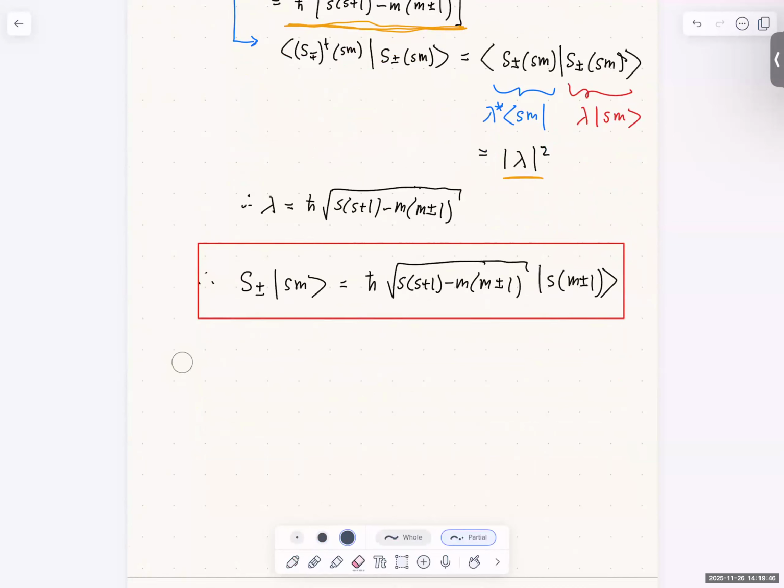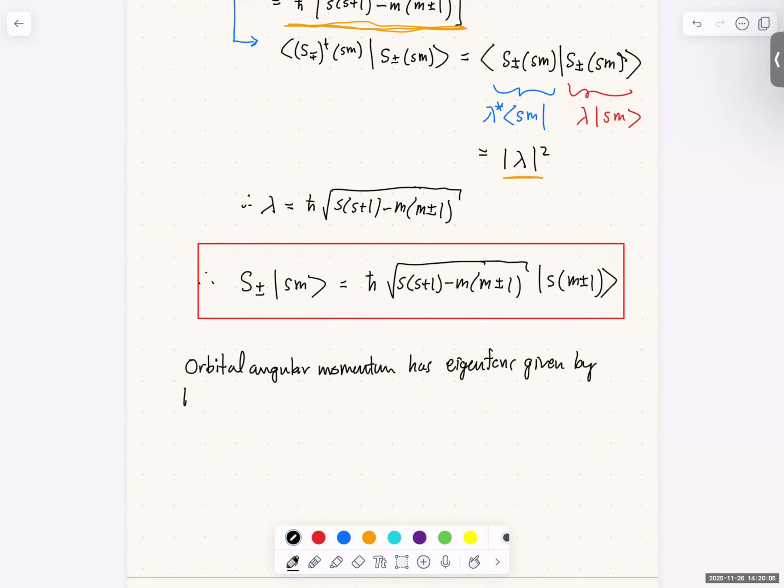So if we think back, what we found is that orbital angular momentum has eigenfunctions given by the spherical harmonics, which we denoted by Y Lm theta phi, which required integer L.